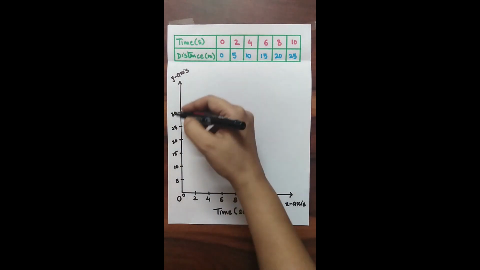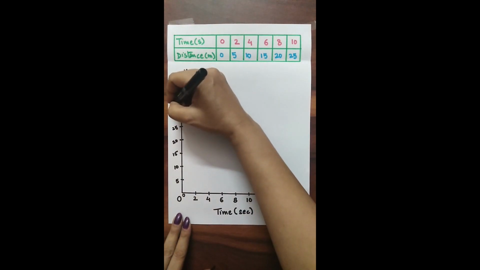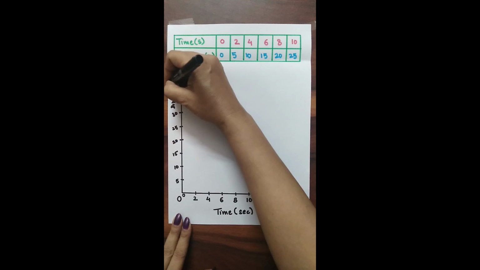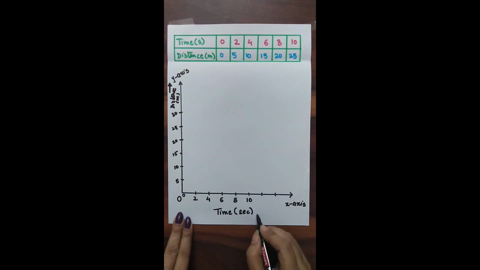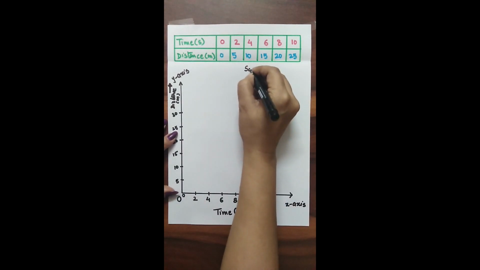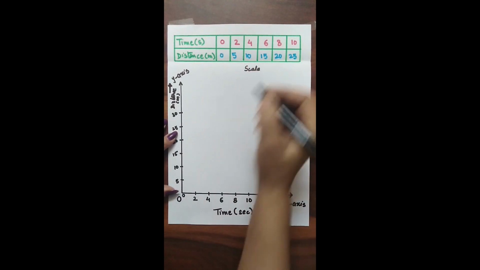So here you have distance. We will write down distance here, within brackets in meters, and it is increasing in this direction. Time is increasing in this direction. Now before going further, we also need to mention the scale which we have chosen on both the axes.